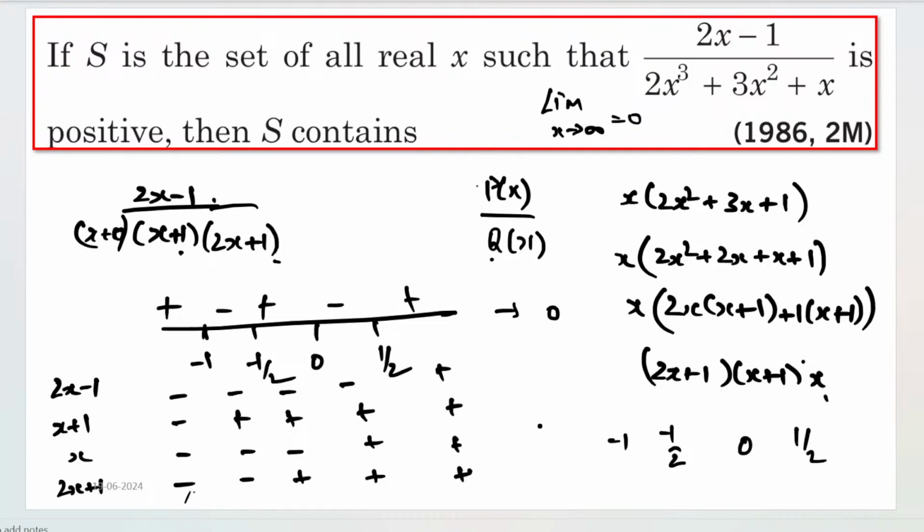So what you do is, the numerator you divide by x cube, and the denominator also you divide by x cube, right? You divide by x cube, x cube common.